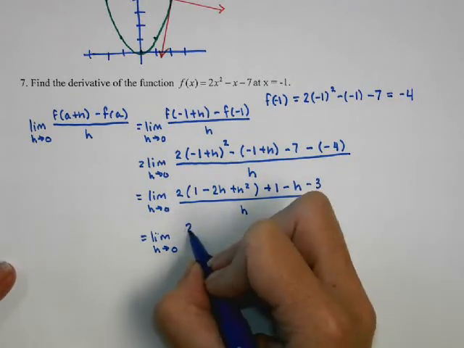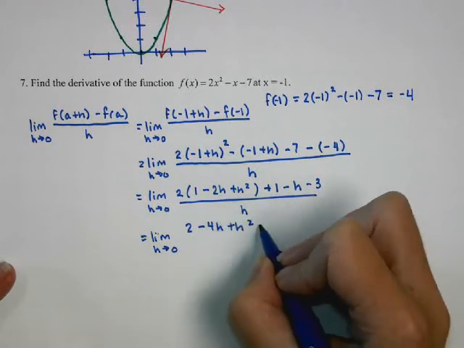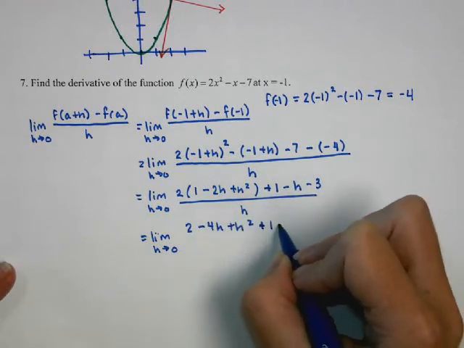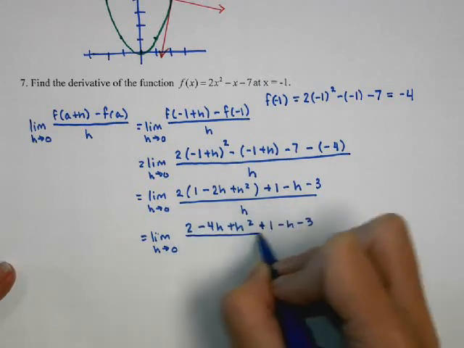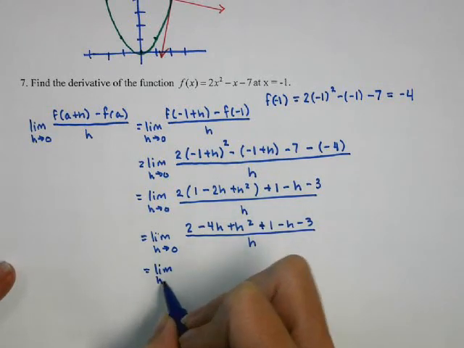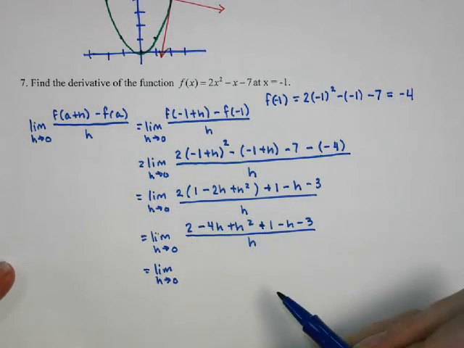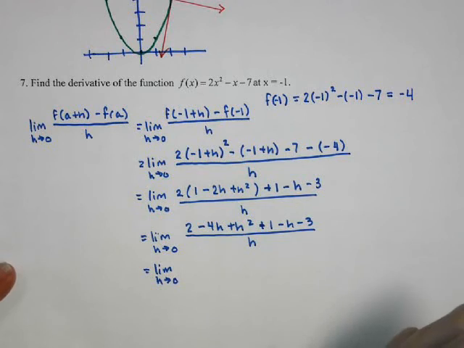Then I'll distribute, so I'm going to have 2 minus 4h plus h squared plus 1 minus h minus 3 over h. I'm going to combine my like terms. So I'm going to have 2 plus 1, which is 3, minus 3, which is 0.